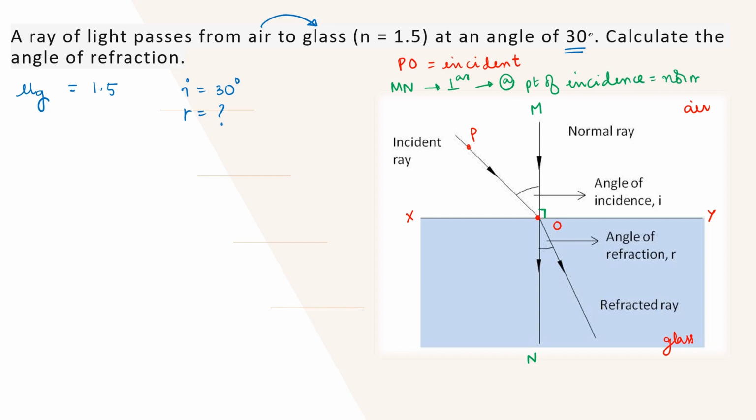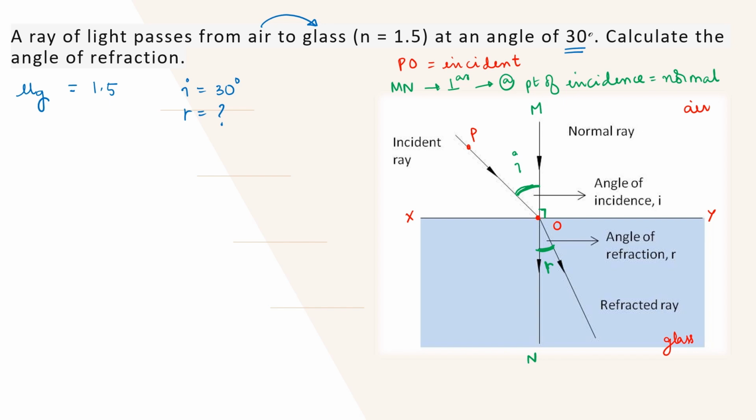Normal is like a reference line. All the angles are measured from the normal. Remember, normal is imaginary. The angle between the incident ray and the normal is called the angle of incidence. Similarly, the angle from the normal to the refracted ray is called the angle of refraction. I am writing the angle of refraction as R. Both are measured from the normal.